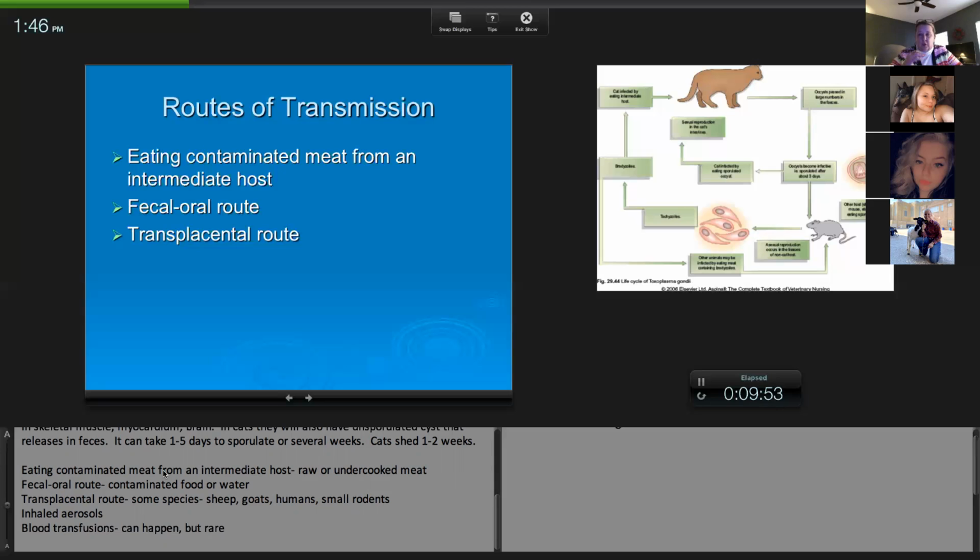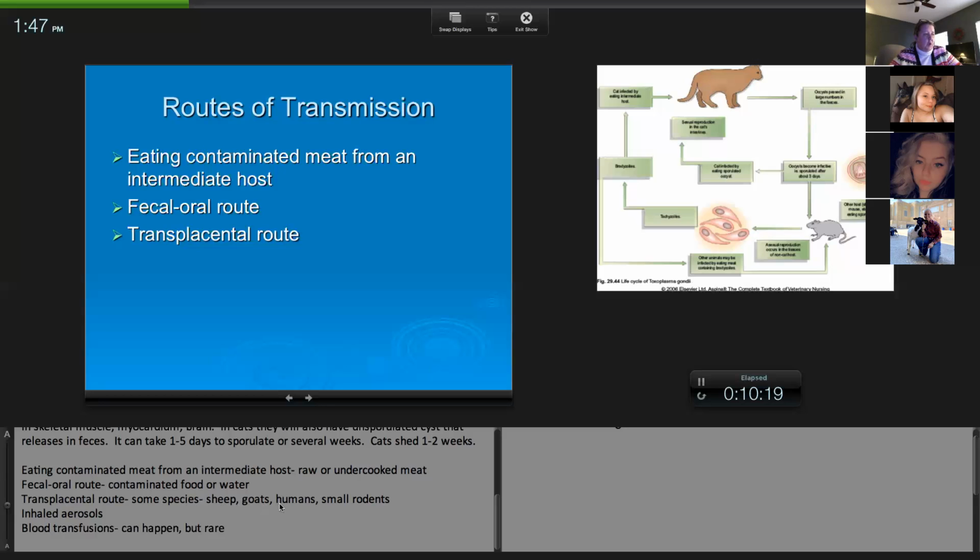You definitely want to cook it well because if there are any of these cysts in that meat, that's another route of transmission. And then food or water. If something defecates in the water and something drinks water outdoors, again, that standing water and things like that.